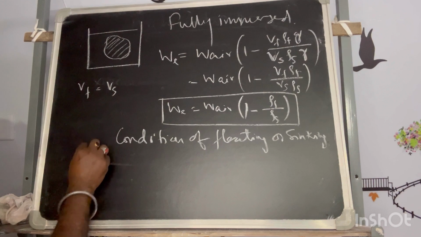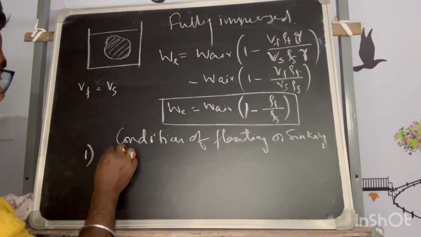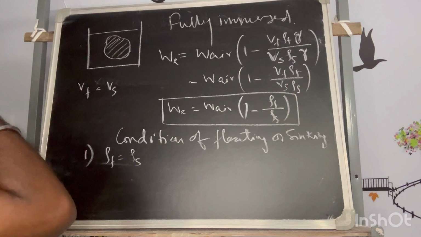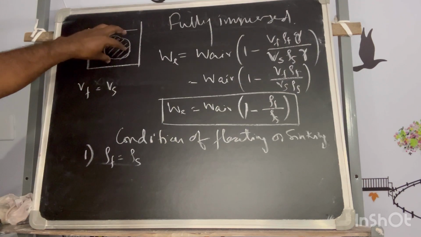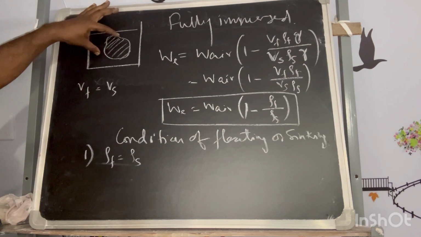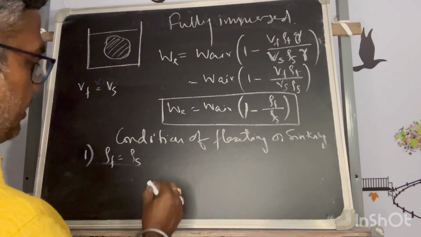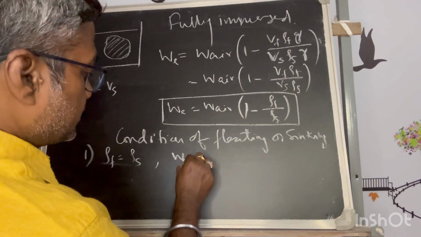The first condition, which is very straightforward: if rho f is equal to rho s, if the densities of the fluid and the solid dipped in it are the same, then what is the result?